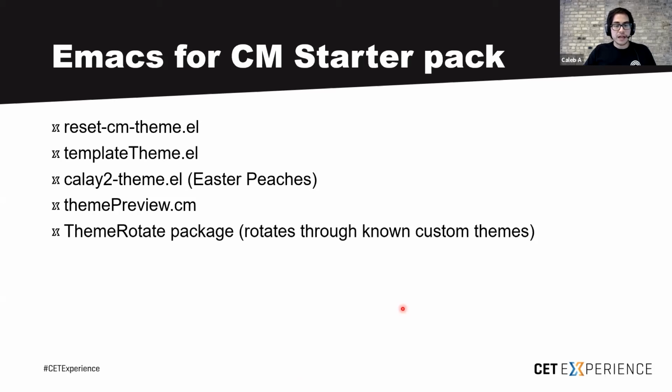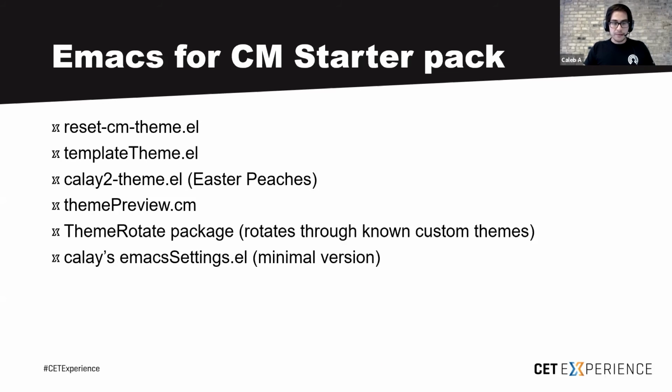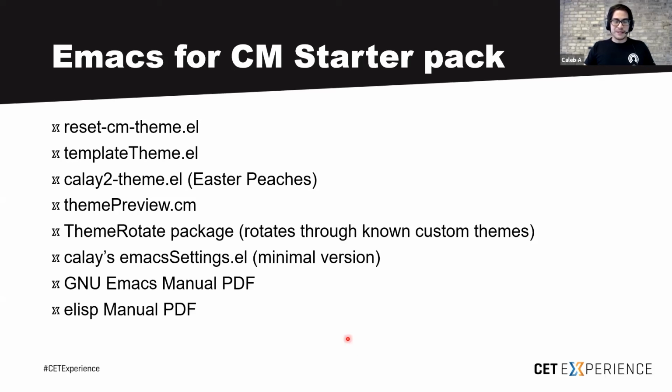This is something that I got from an old Configura developer that basically rotates through your themes. It includes my Emacs settings, a stripped down version for a lot more portable usage. And I also included the PDFs of the Emacs and eLisp manuals.